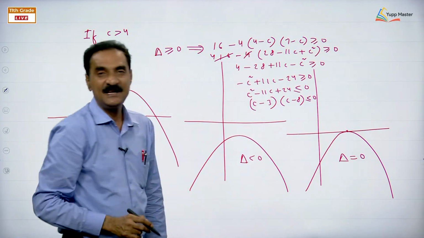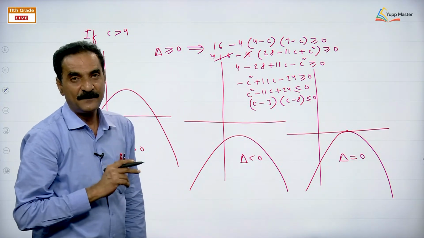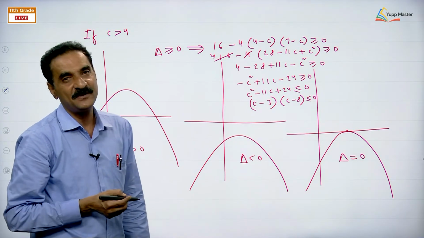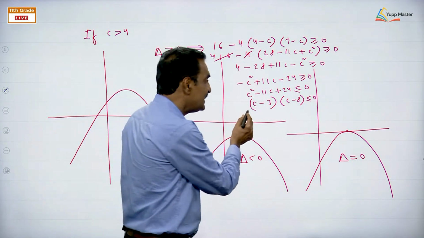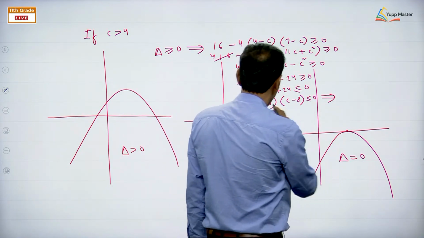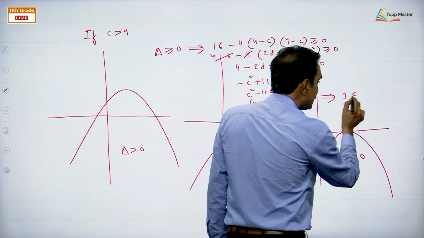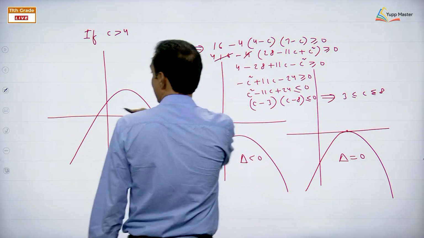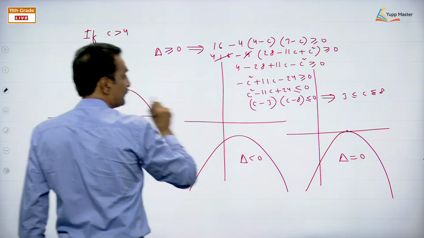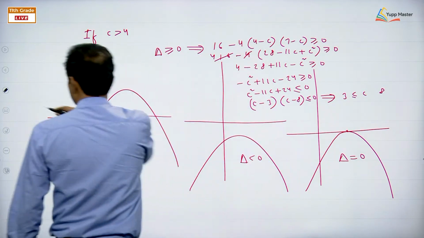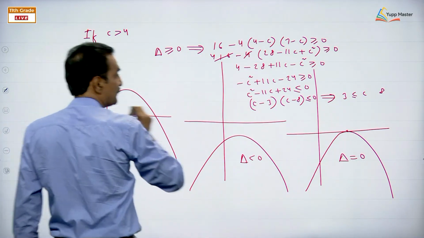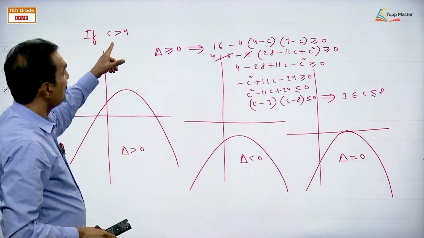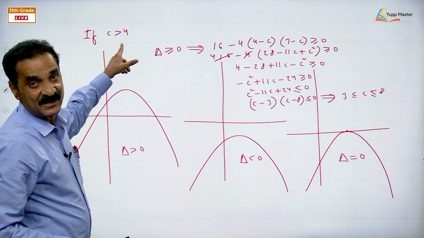What is the solution of c? You know that if x minus alpha into x minus beta is less than or equal to 0, x lies between the roots. So, here c lies between the roots. 3 is less than or equal to c, less than or equal to 8. But already we assumed one condition, c greater than 4.